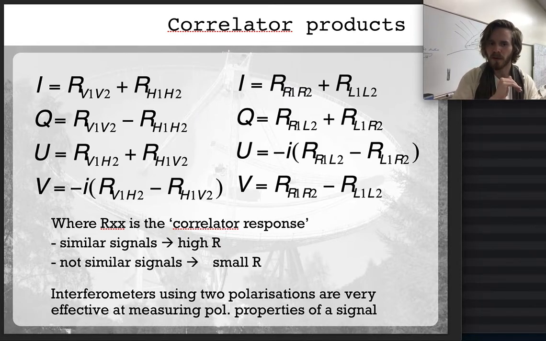But the thing I really want to get at is that the Stokes parameters in an interferometer can be calculated very easily in an ideal case. So what we get out of the correlator are called correlator responses. So you have like RR, XX, so you can put in vertical, horizontal, or left and right, or whatever you want here.